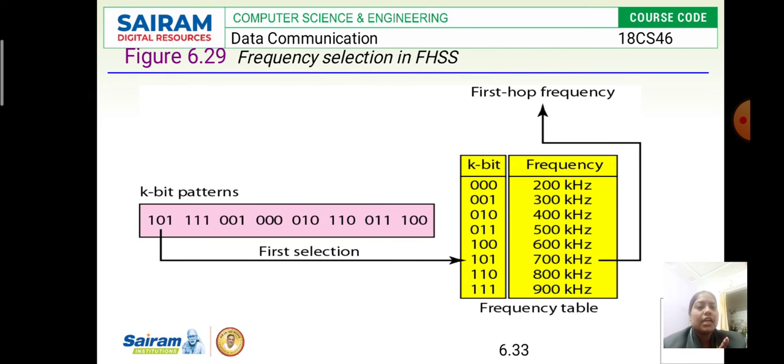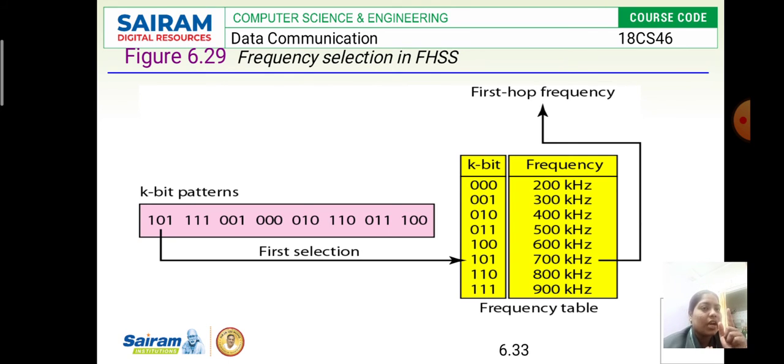One more thing in FHSS: an n-bit pattern is given, and it is looked up in the frequency table to see whether the pattern matches.